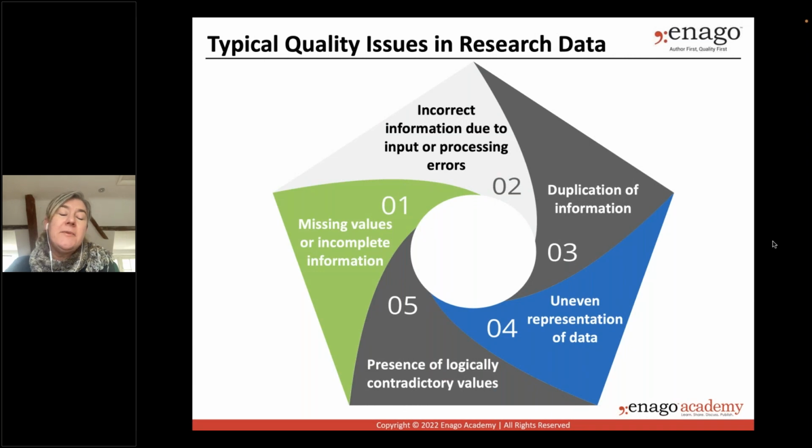And then again, it's surprising how often logically contradictory values will come up, and sometimes that might be just to do with formatting or people using different systems for recording. But it can be quite difficult to find why the outputs are not looking right. It could be because of something like that.